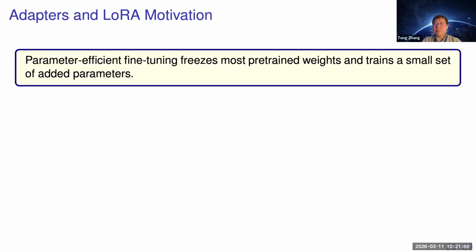Parameter-efficient fine-tuning essentially freezes most of the pre-trained weights and trains a small set. This is called an adapter. If I have, for example, an 8B model, as we did in the calculation, fitting it all into memory is pretty costly. Each B is 12.